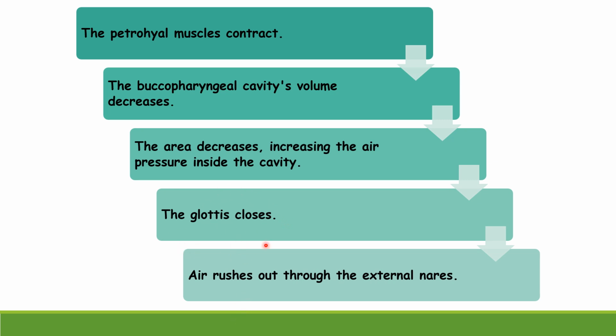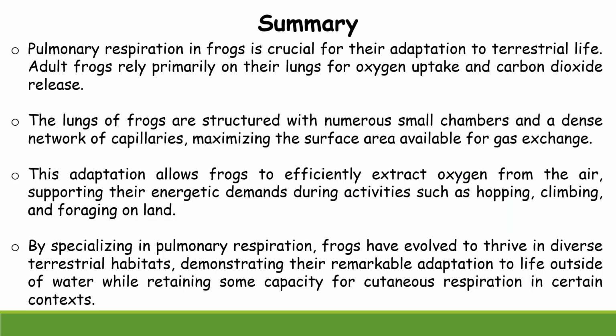Because of this closing of the glottis, there is no other route left. So the air present inside the buccal cavity has to go outside with the help of the opened external nares. This is how expiration occurs: the CO2 that forms inside the lungs comes outside through the external nares.